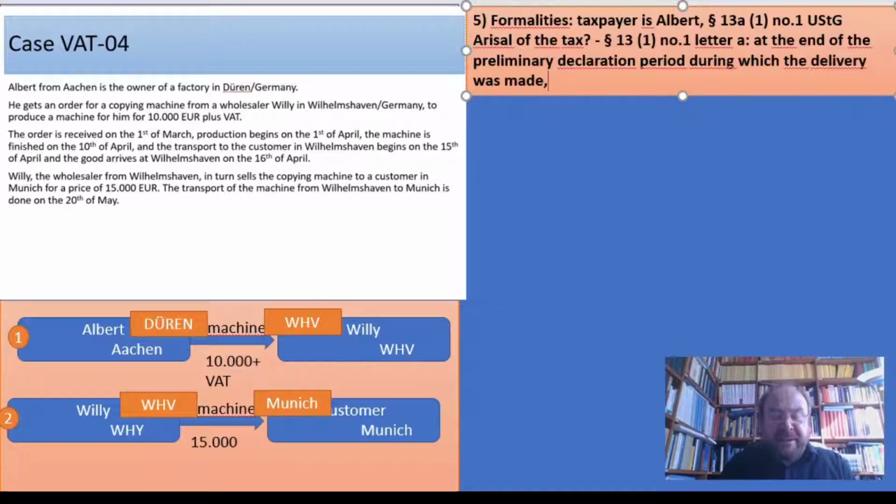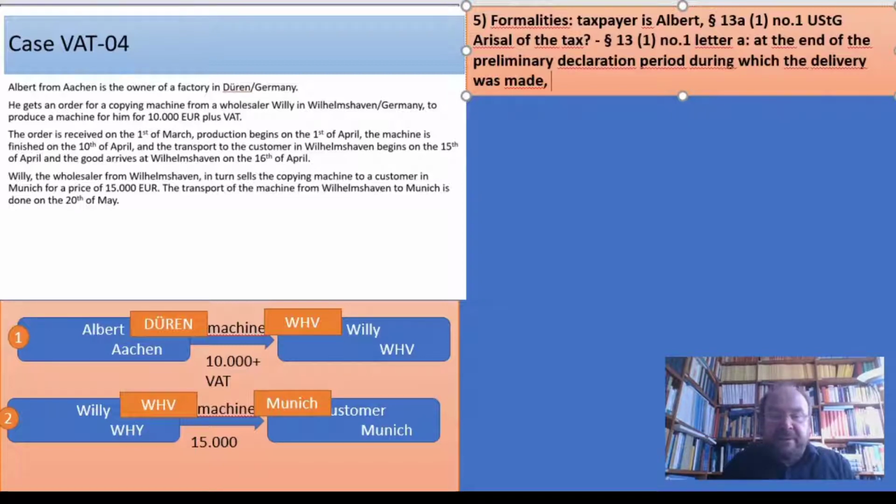And now we have many dates here to select from, and the delivery was made when the good was handed over. So on the 15th or 16th of April, the delivery was effected, probably when the good arrived in the hands of the customer, 16th of April, or depending on the conditions and the German civil law, it can also be regarded as fulfilled when you hand it over to somebody who is going to dispatch it.